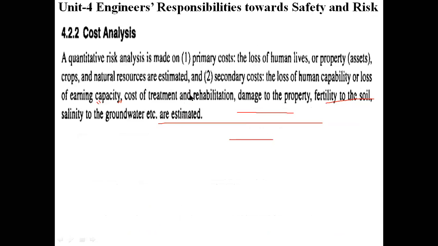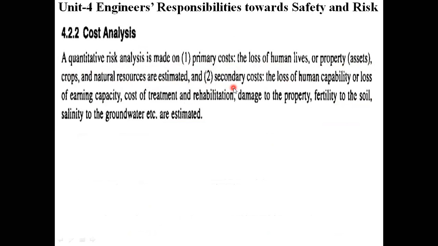And the final one is cost analysis. This quantitative risk analysis is made on primary cost. Primary cost is the loss of human lives or property, assets, crops, and natural resources, which are estimated.